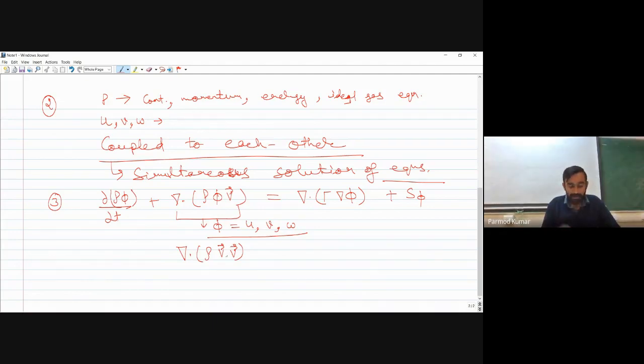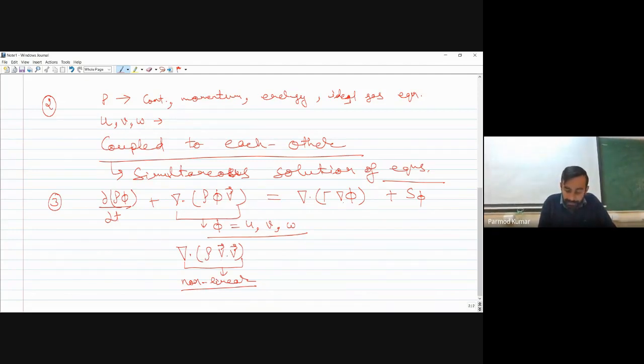Okay, so here you can see that this particular convective term is nothing but non-linear. In our governing equations, our convective term is involving the multiplication of unknown variables. So that's why this convective term is a non-linear term.